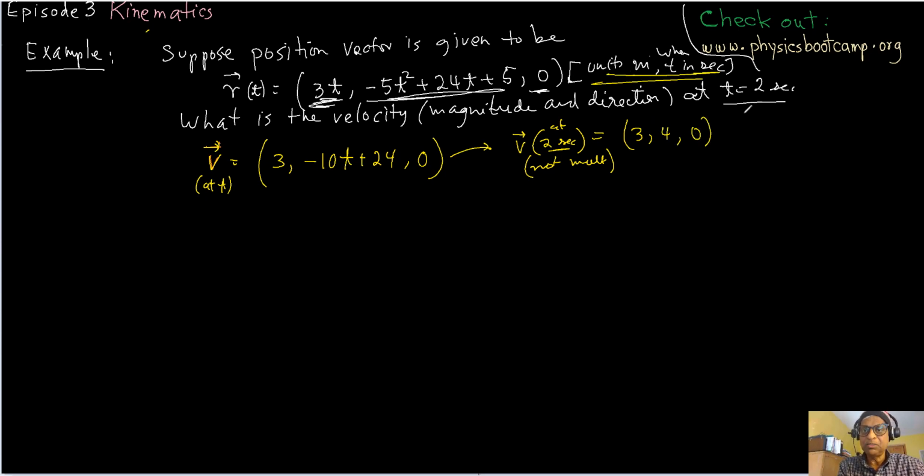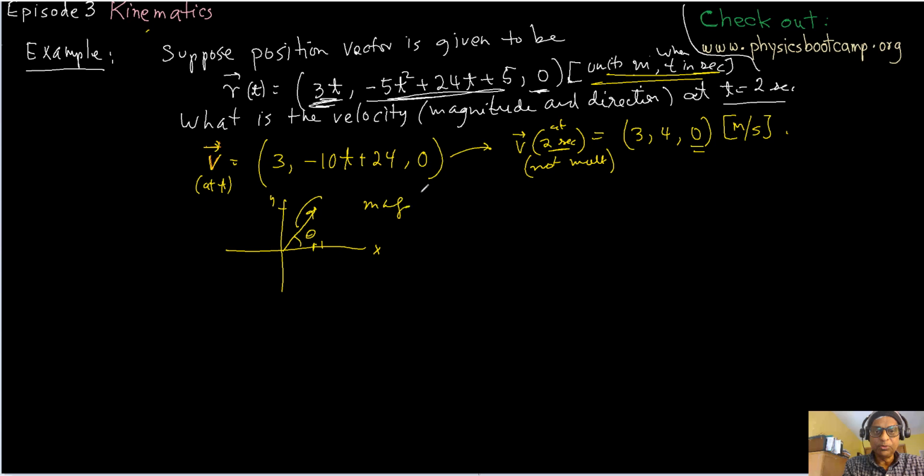And because of the units, this whole thing should be meters per second, right? I need to get magnitude and direction. So of course the z is equal to 0, so I can just look in the xy plane. So it's 3 here and 4 here. It's kind of like that. Okay, so I can give this angle for direction, and the magnitude will be the length of this arrow.